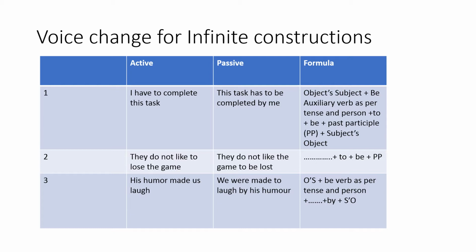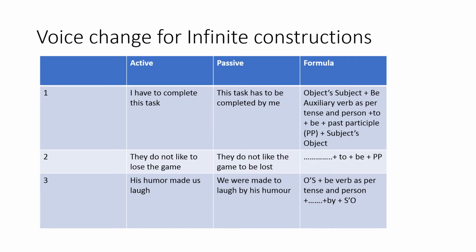So the basic rule will remain the same, that we will have to bring the object first, meaning object becomes subject first, followed by the be auxiliary verb as per tense and condition, or has, have, whatever it is, depending upon the case, followed by to, followed by be, then the past participle of the main verb, here complete, then subject's object, that's me, by me.